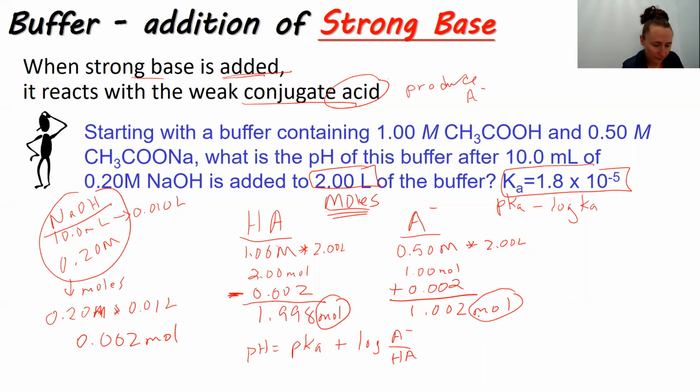So I have my weak base and my weak acid. So my pKa is negative log of 1.8 times 10 to the negative 5.